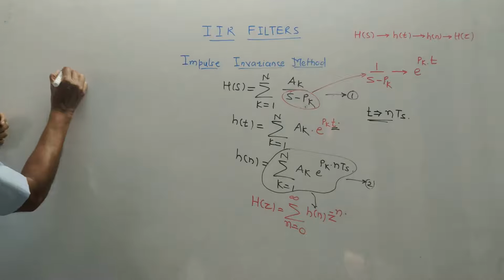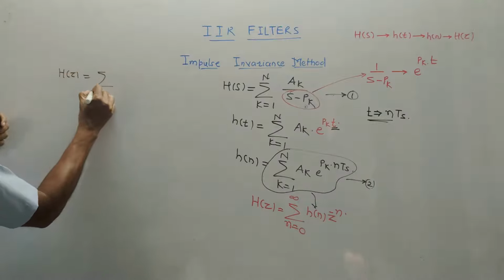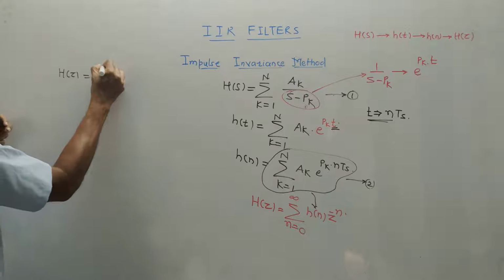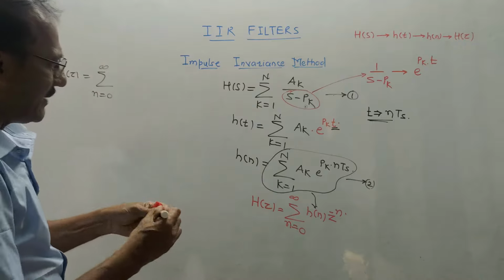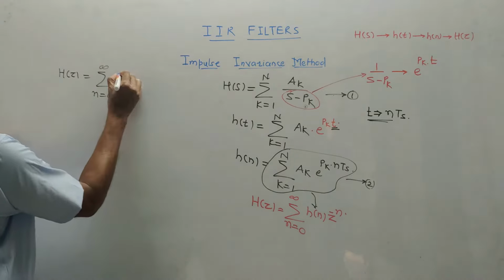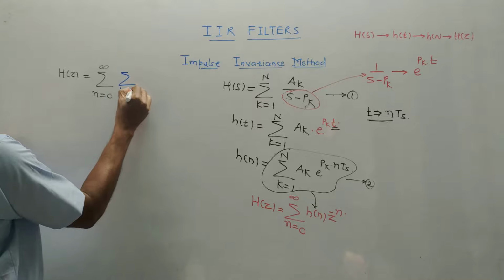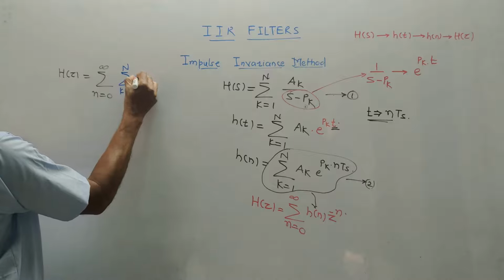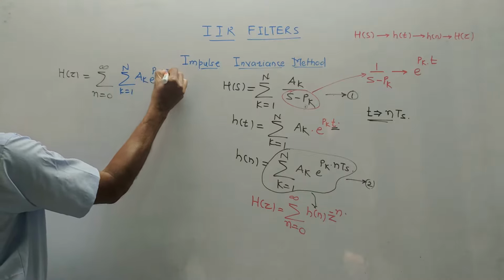So the equation of H of Z can be written as summation n from 0 to infinity. This summation I am keeping as it is. This entire term I need to put as it is in place of h of n. So this term is summation k equals 1 to N of a_k e raised to p_k into n Ts.